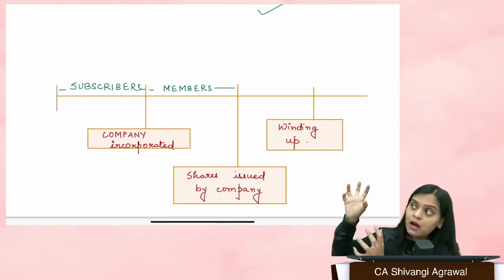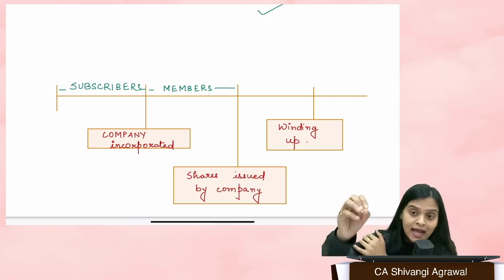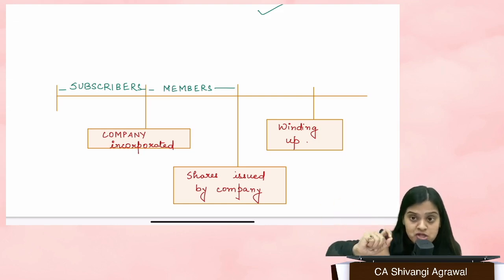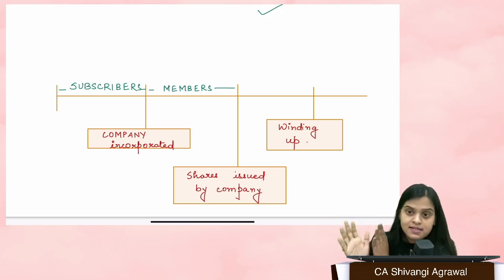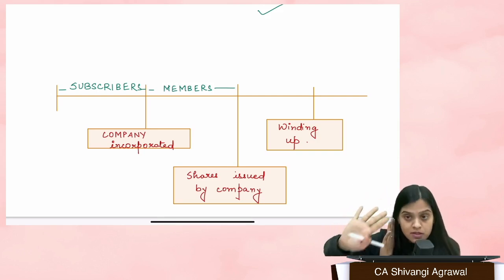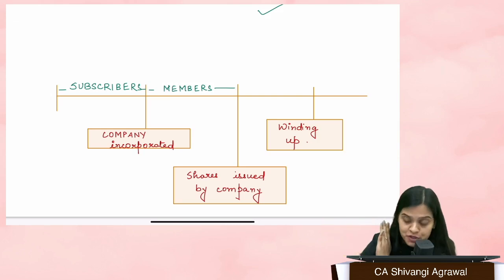So I will give the company 50,000 rupees, and the company in turn will give me the share receipt, that they have issued 5,000 shares at the rate of 10 each to me. That is how it works, and I've already explained this. You'll get a deeper understanding in the chapter of share capital. Right now, once the shares are issued by the company, the same people are called shareholders.